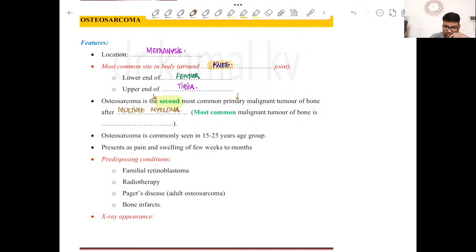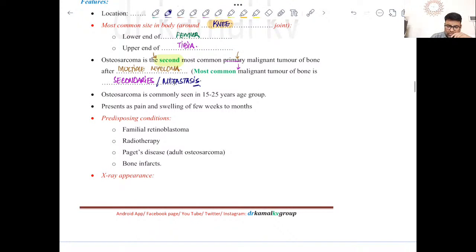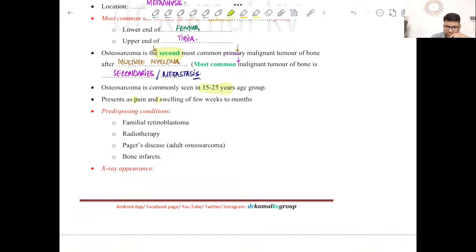If I remove the word primary and read the statement as most common malignant tumor of bone, of course the answer is secondaries, which is nothing except metastasis. It can come from carcinoma breast, carcinoma kidney or carcinoma prostate. The cancer cells can reach up to bones. This is seen in 15 to 25 years of age, and the patient can have pain and swelling.